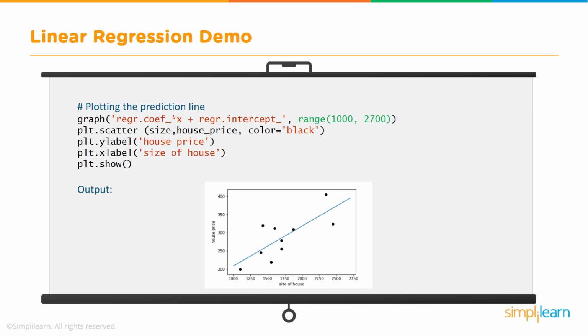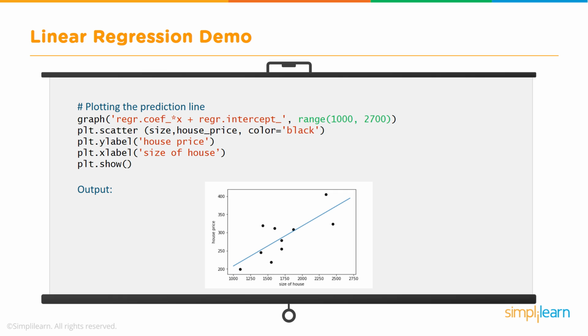Finally, we're going to use that definition we just created, and you'll see right here it says graph, and then we're going to send it the following formula, the regression coefficient times x, plus the regression intercept, and then we're sending it a range of 1,000 to 2,700.